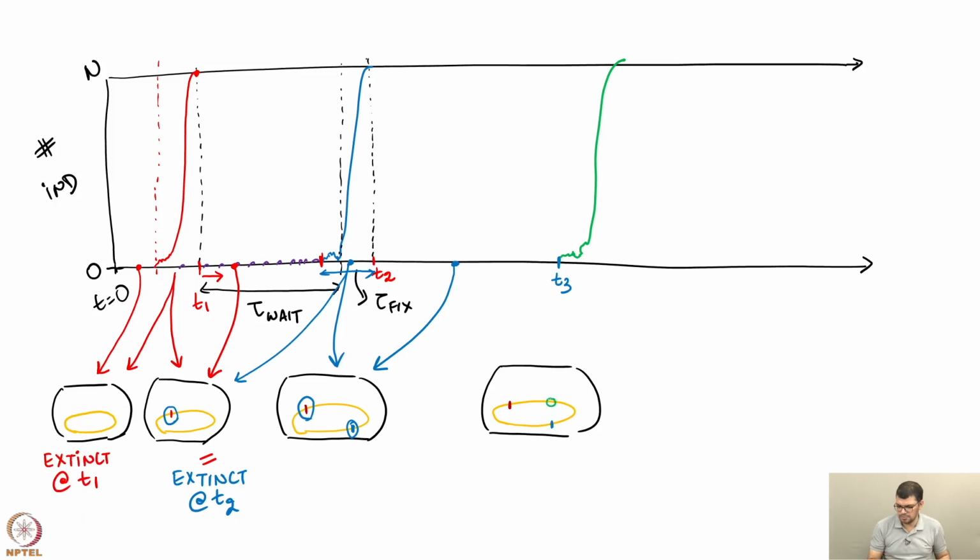Let us say this is the green mutation. And eventually beyond this time T4, only this genotype exists.